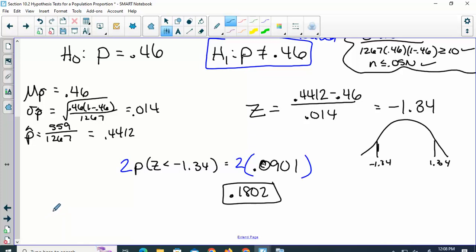All right. Now what do I compare that to? Alpha. Since 0.1802 is greater than my alpha, isn't it? So what would that tell me? Fail to reject.